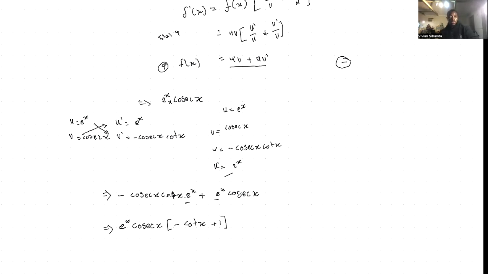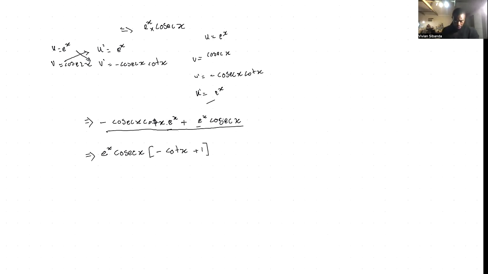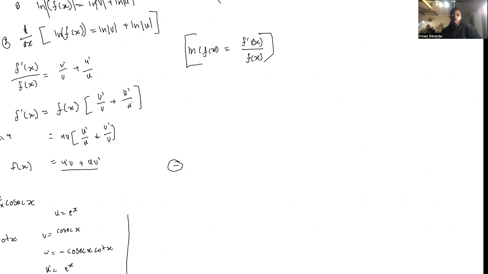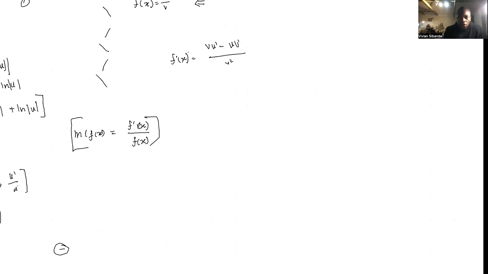Okay, so I focused a lot on the product rule. The quotient rule follows the same idea, you just have to follow the order. Let's say for the quotient rule you had e to the power of x divided by cosec of x. Just using cosec as an example today.